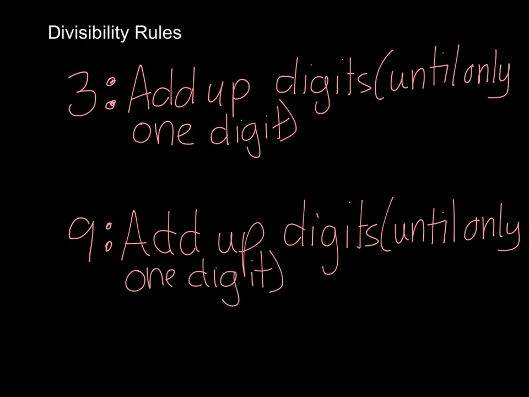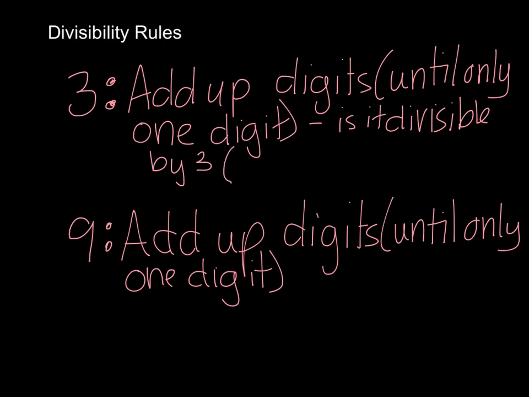And then for a 3, after you get to that single digit, is it divisible by 3? So if you follow the rule of adding it up to one digit, then the number needs to be either a 3, a 6, or a 9, and those are the only 3 numbers that digit would have to add up to. So you have to add up the digits.